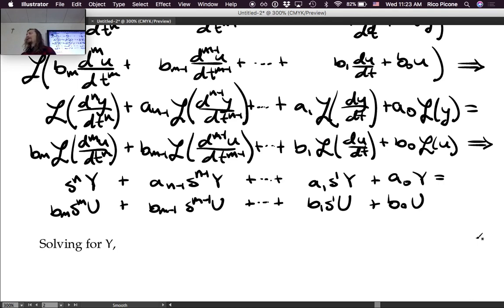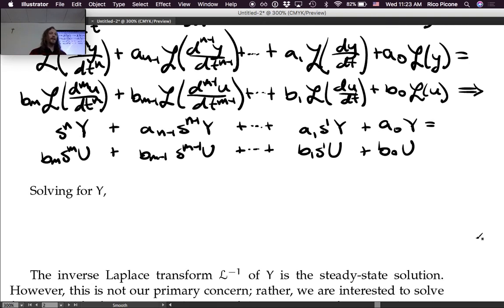But we're going to do 2 steps. Okay, so what we're going to do is factor out Y from the left-hand side and factor out U from the right-hand side and divide whatever on the left-hand side is not Y over to the other side. Okay, so it's a little hard to say in words. So solving for Y, that's why we use equations.